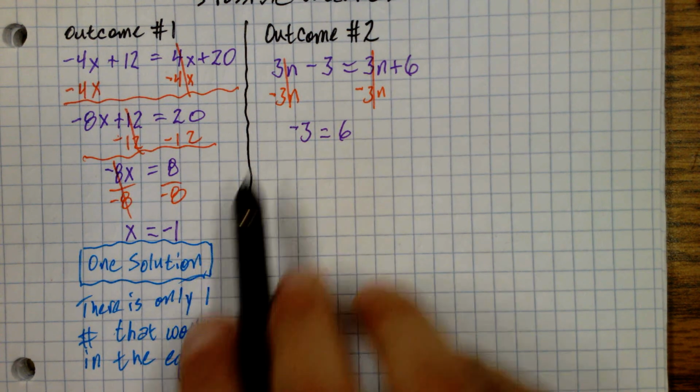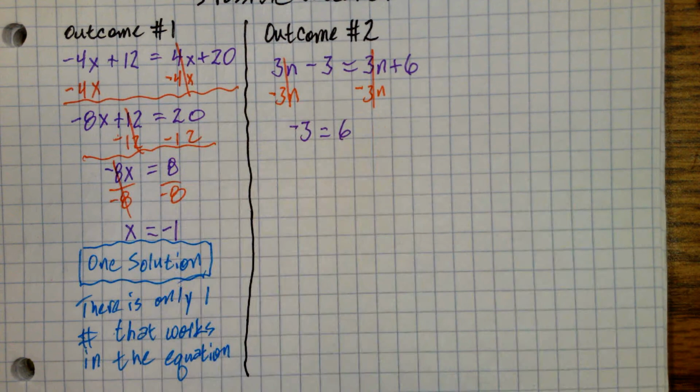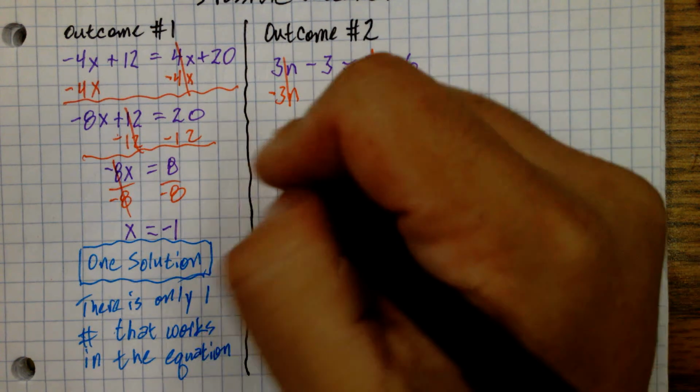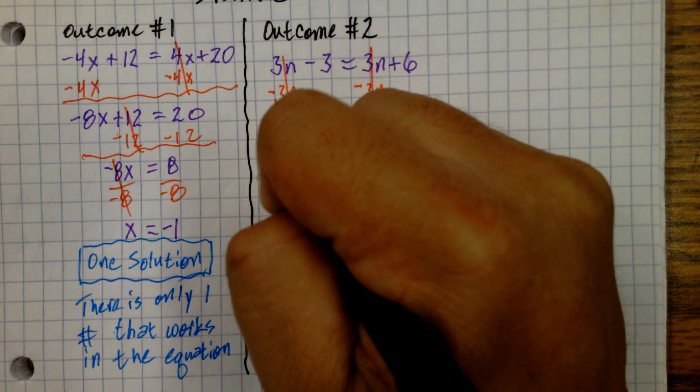Yeah, but the variables went away, and all we have are the numbers. Negative 3 equals 6. And that's false. When one number equals a different number, and that's all you have, it's false. When one number equals the same number, it's true. So this we're going to say is false.